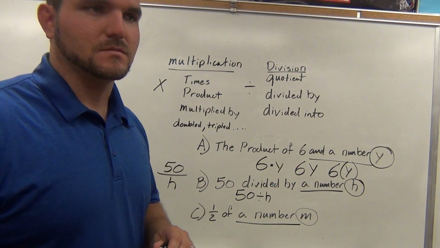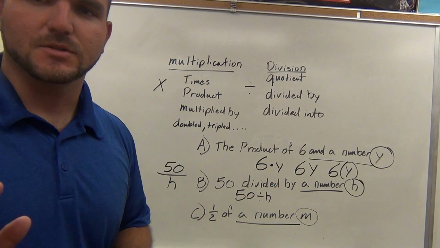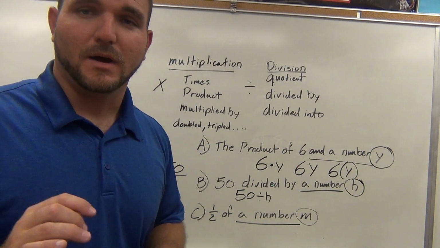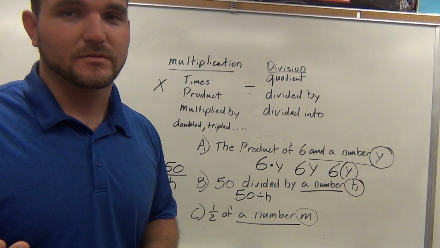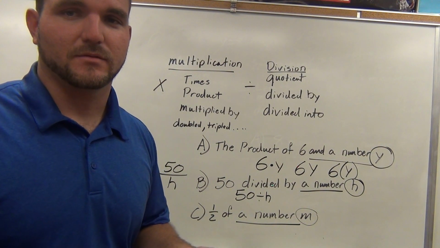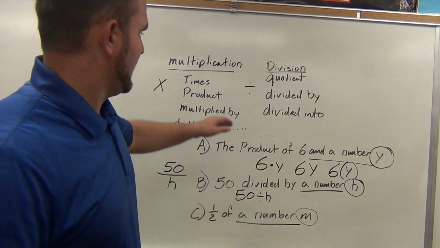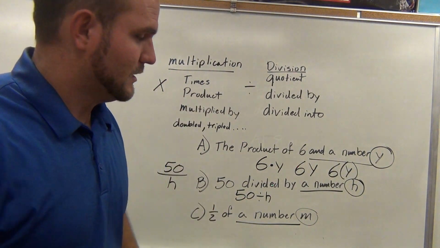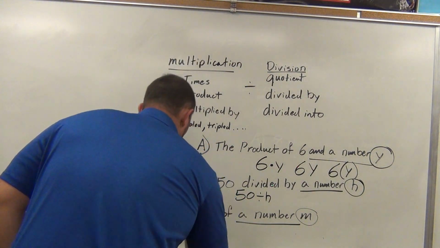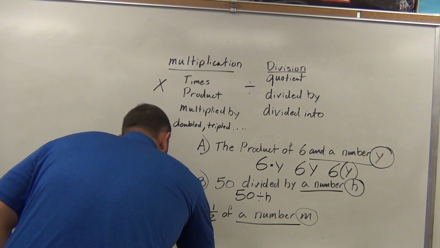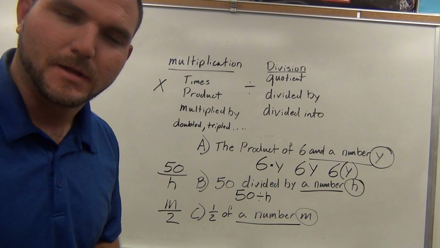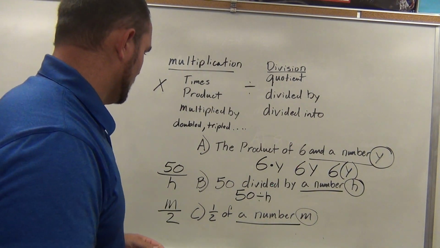Okay? Now, I'm going to try not to confuse us here, but some of you might be like, well, if you multiply by 0.5, you're going to cut your number in half. Now, it did not have that here, so I would say we're going to divide. So m divided by 2. That would be what I would go with.